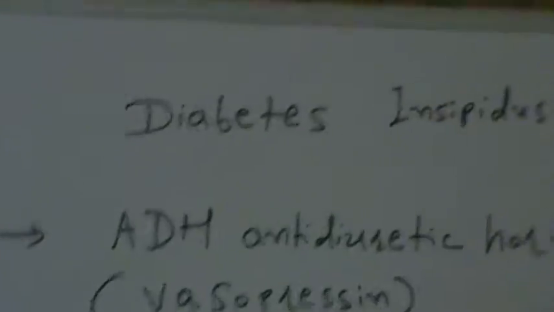However, in the event of DI, the kidney does not function properly, and as a result, instead of excreting concentrated urine, it releases large amounts of diluted urine. So that is what DI means.